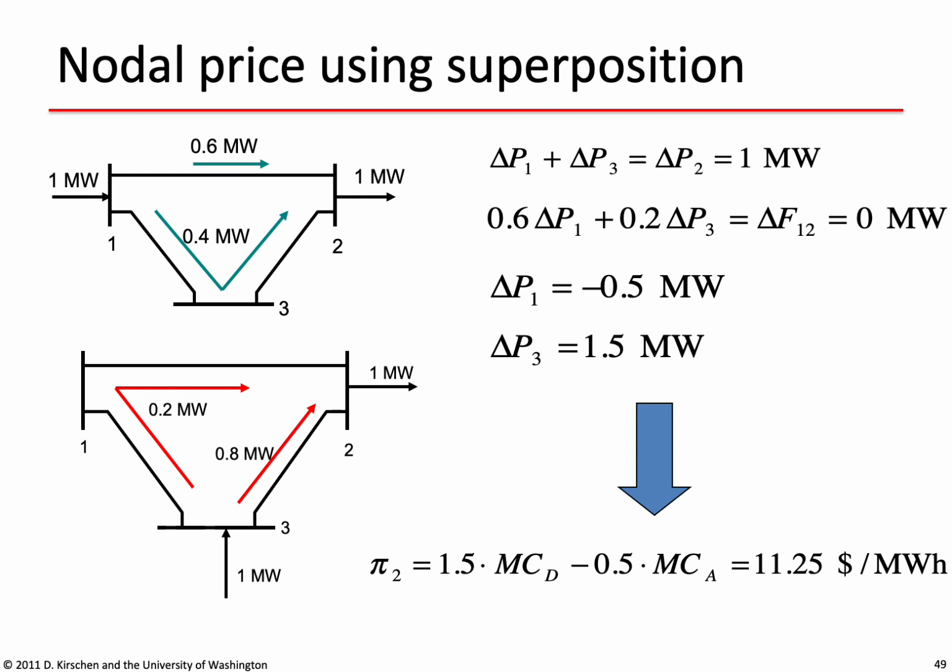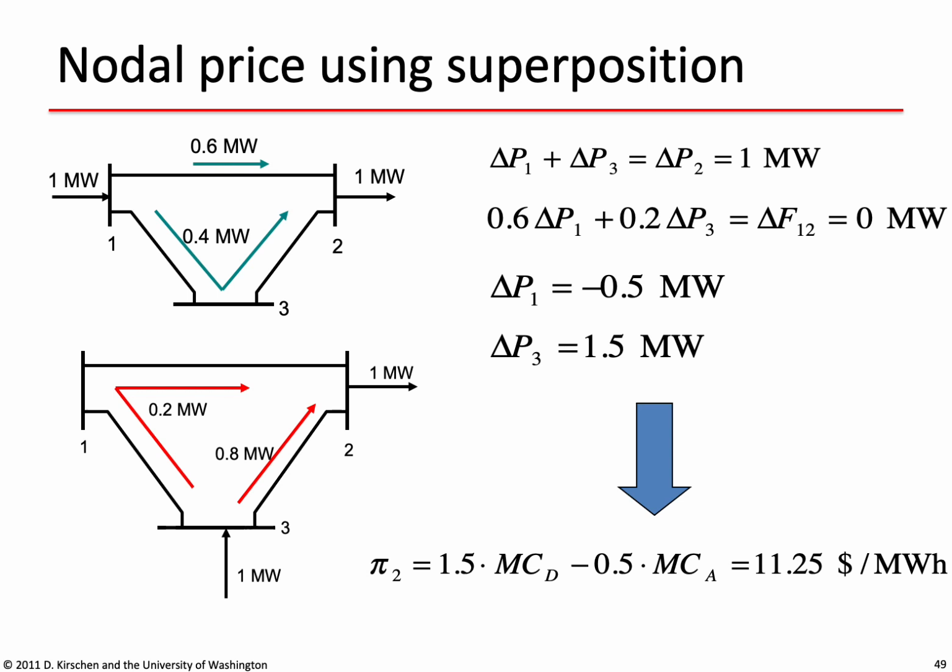And if we do that, we get that delta P1 should be minus 0.5 megawatts, and delta P3 should be 1.5 megawatts. That means that if we want an extra megawatt of load at bus 2, we would have to increase the injection at bus 3 with generator D by 1.5 megawatts and decrease the injection at bus 1 from generator A by half a megawatt.